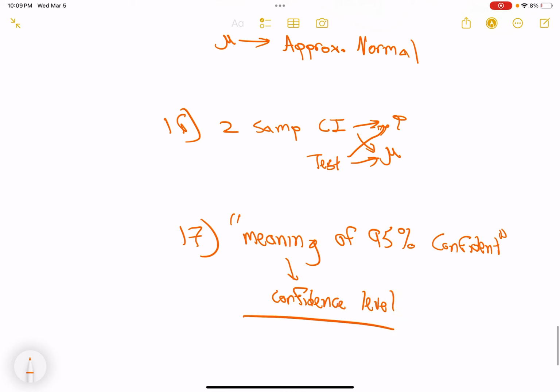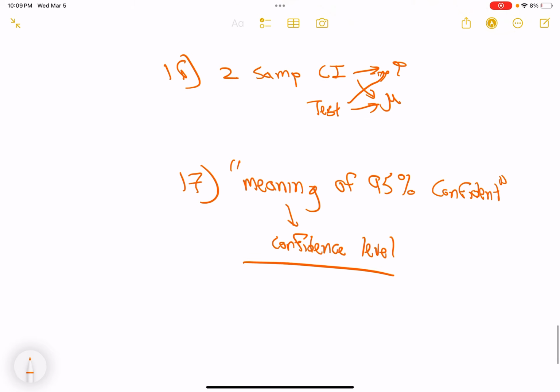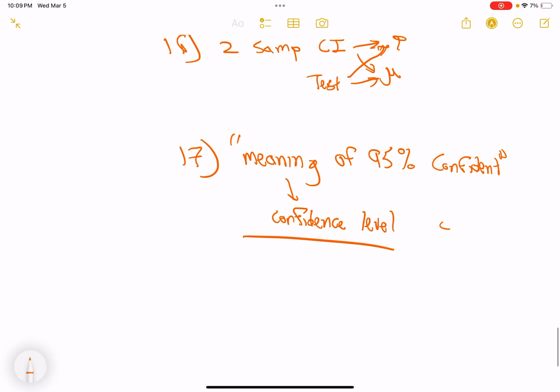So that's the time when you say: if we did many, many samples, all of the same size, and we made 95% confidence intervals for each of those samples, we would expect about 95% of those intervals to contain the true whatever. Okay, that should make sense. Always give context when you are doing interpretations of confidence level. I didn't give context because I had no problem to deal with, but always give context.